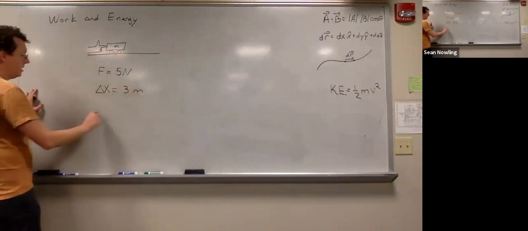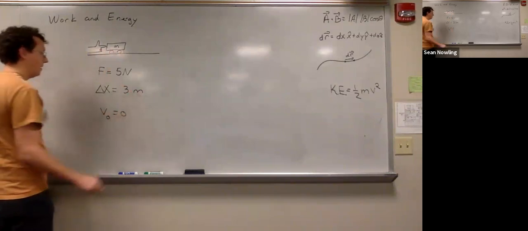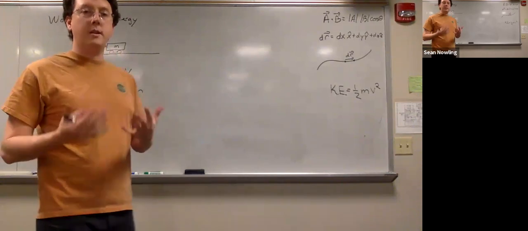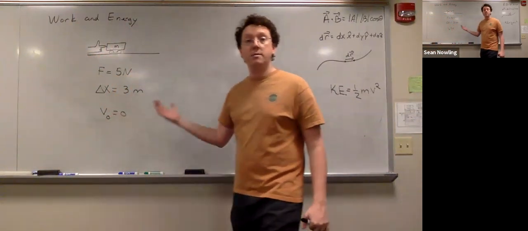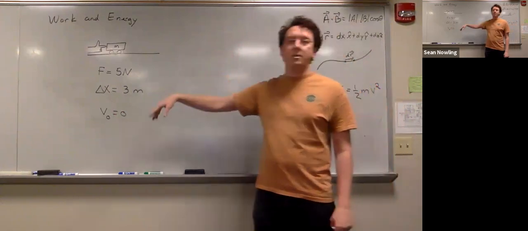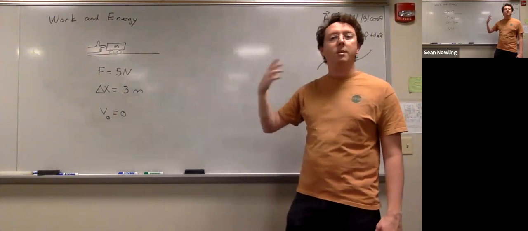Let's assume that the initial velocity is 0. Let's use the work energy theorem to understand how to find the final velocity. I know you can use kinematic equation 3 and get the answer. Piece of cake. Let's change how we think about it though.